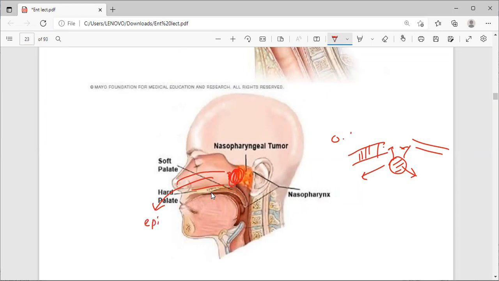Again, because some cranial nerves pass nearby, such as cranial nerve 3 and cranial nerve 4, it can also affect these nerves, causing cranial nerve palsies of the 3rd and 4th nerves.